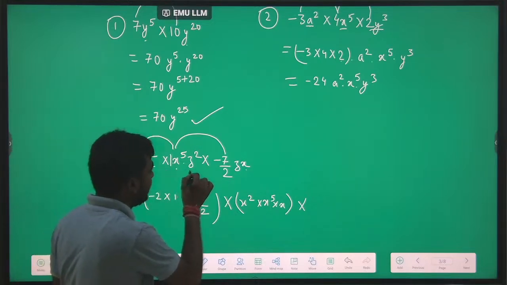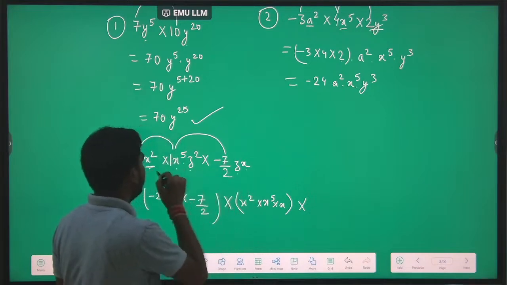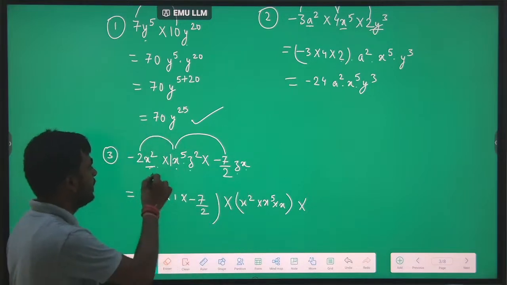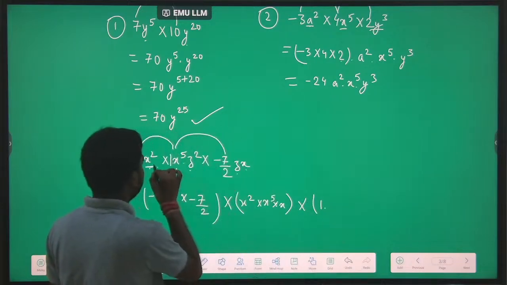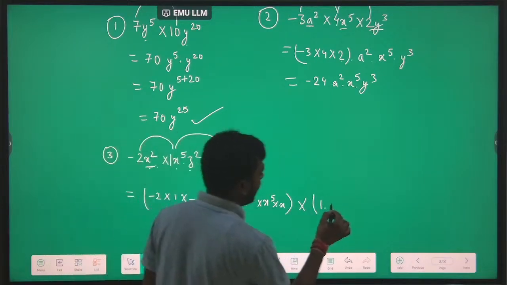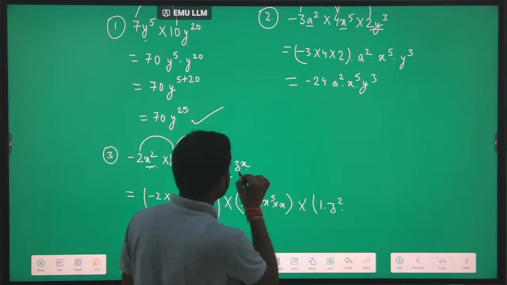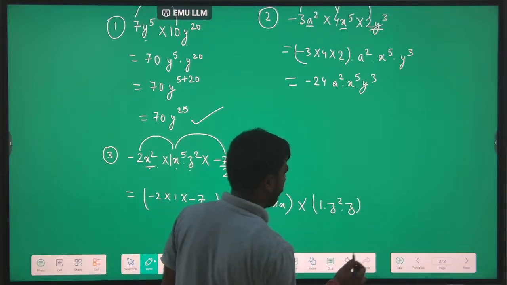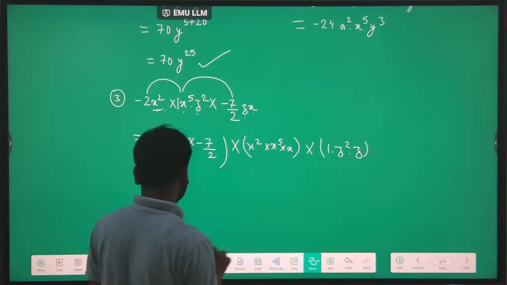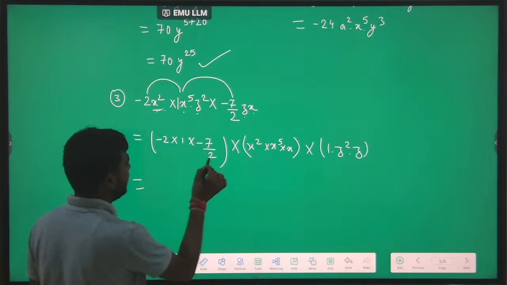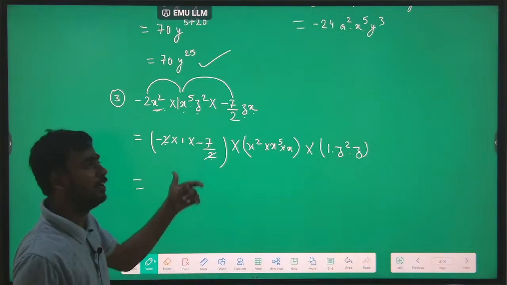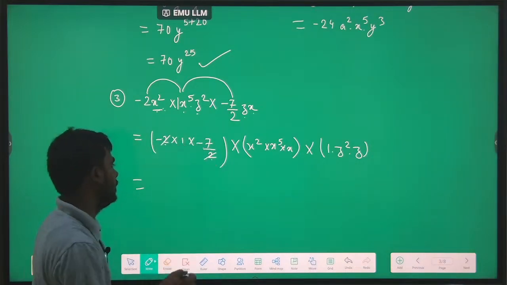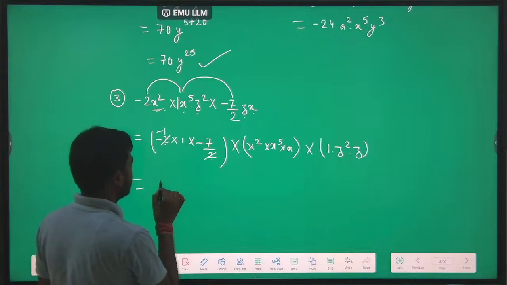We are seeing that here it is z, here it is z, and here it is not z. So where it is not z, we will not take anything. It is 1. Here it is z square. Here it is z. So we will multiply like this: minus 2 and 2, this 2 and 2 will be cut off and we will get minus 7 into minus 1, which is 7.